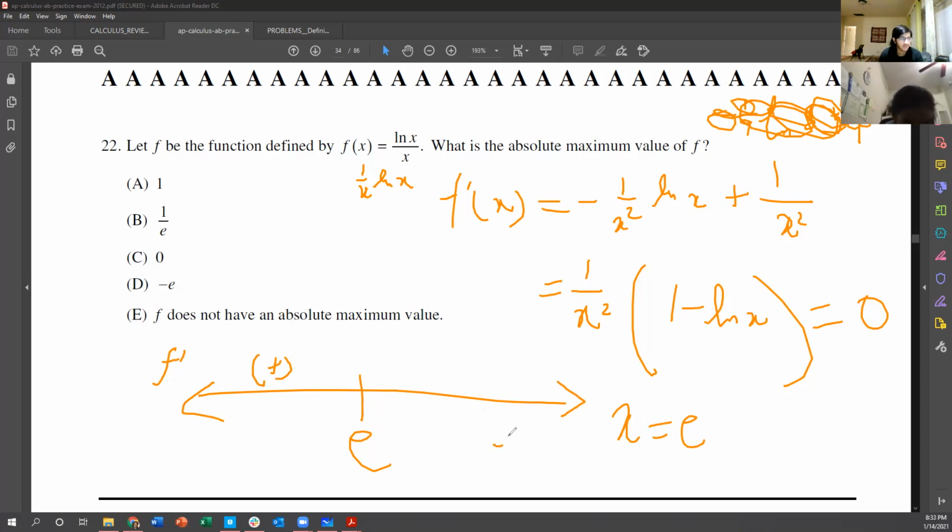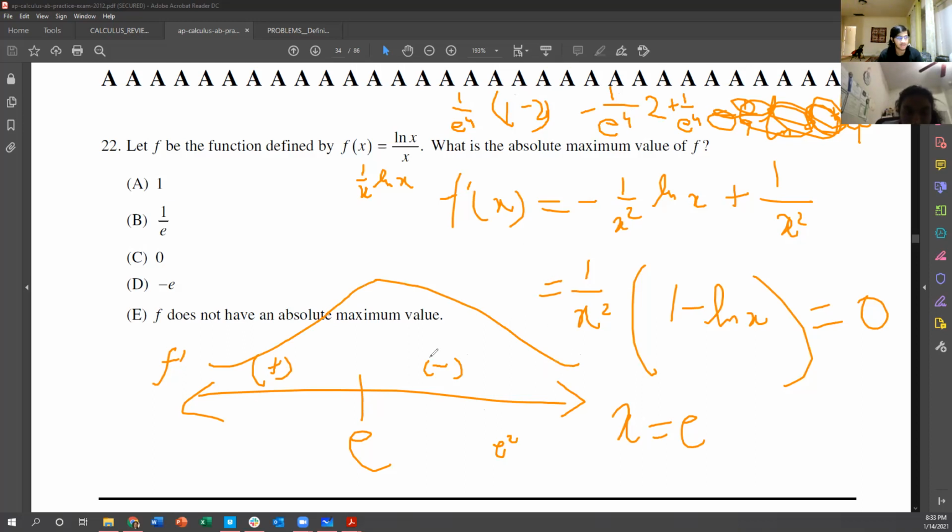Then that would be minus 1 over e to the 4 times ln of e squared, which is 2, plus 1 over e to the 4. So this would be 1 over e to the 4 times 1 minus 2. This will obviously be positive and that will be negative. So this will be negative. So it does increase and then decrease.